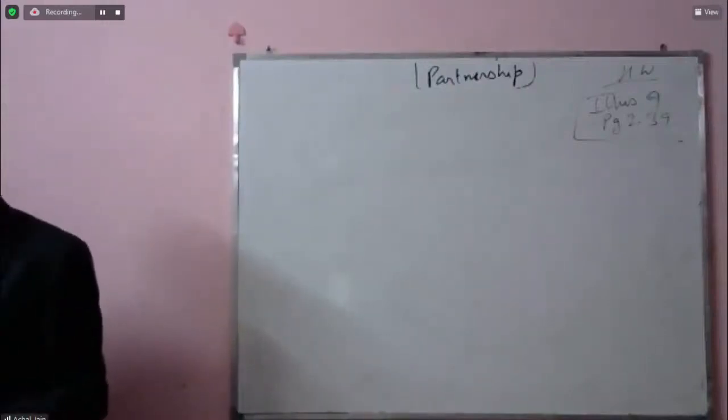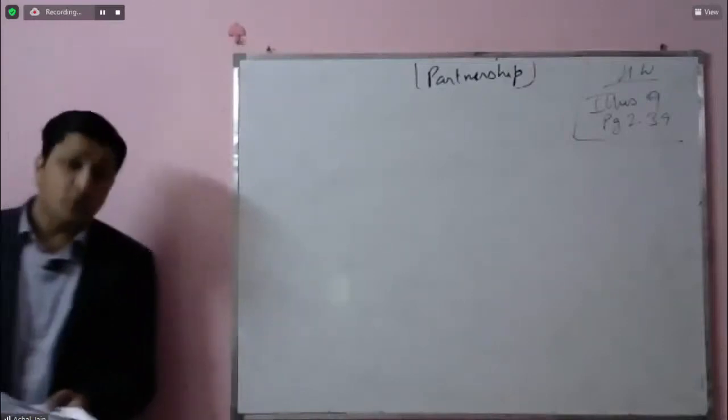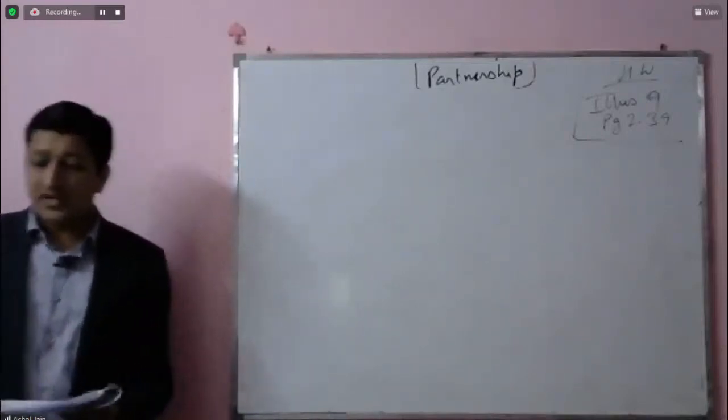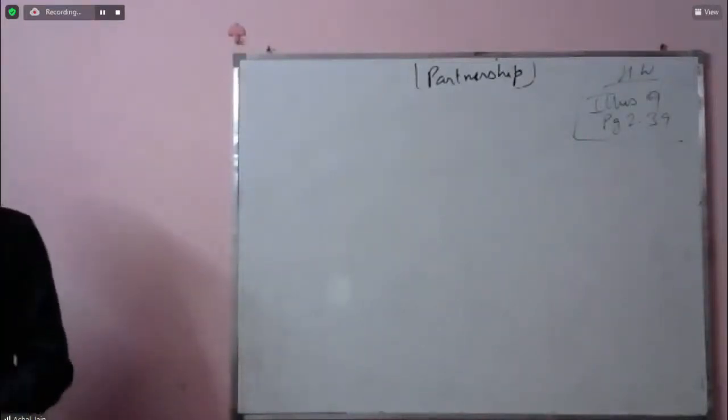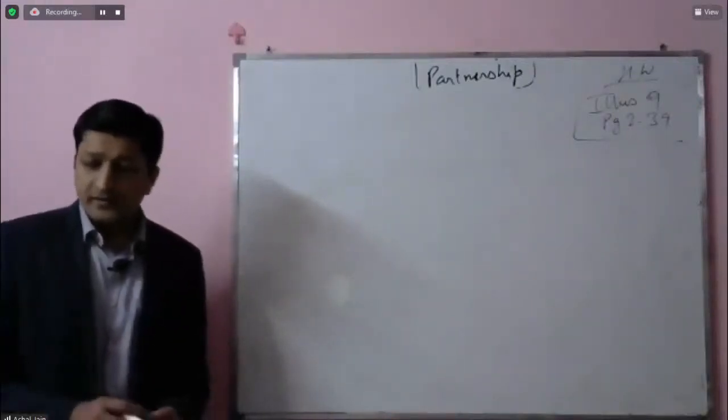Vijay is asking, sir, how to compute if B and C's excess capital do not match. Once again, you will do the same thing. If they do not match, remember for 3000 and for 1500, what did I do? You will recompute their basis. I think you didn't look at it.